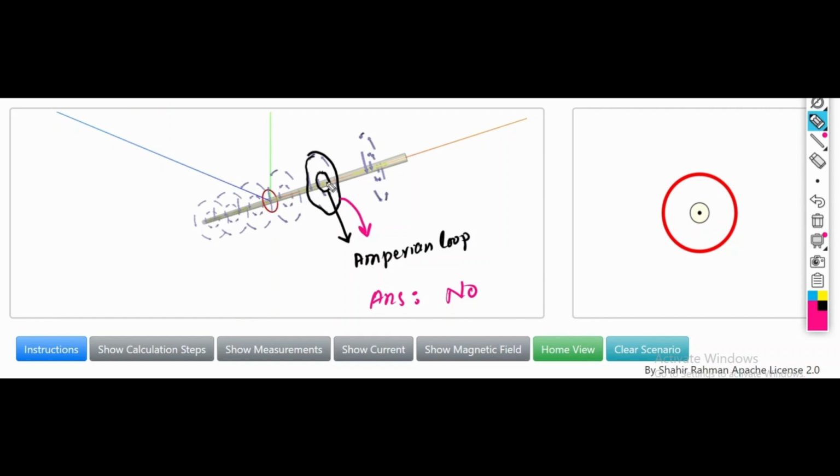Now, if I increase the current for the same scenario, then these lines will move toward this conductor, which means that these circles will be moving nearer to each other. Now, this Amperian loop will be displaced, and we know that the Amperian loop must be fixed. It must not change with the change in the current in the conductor.